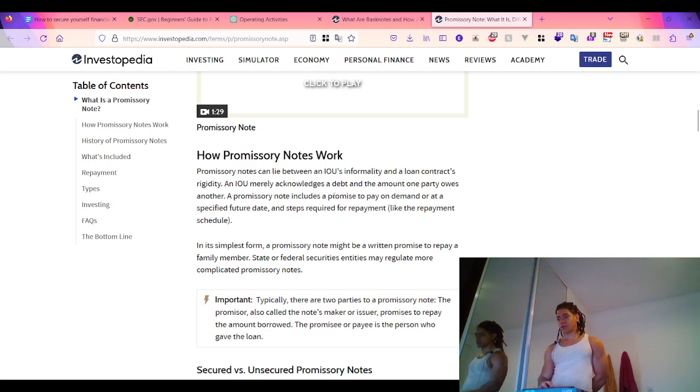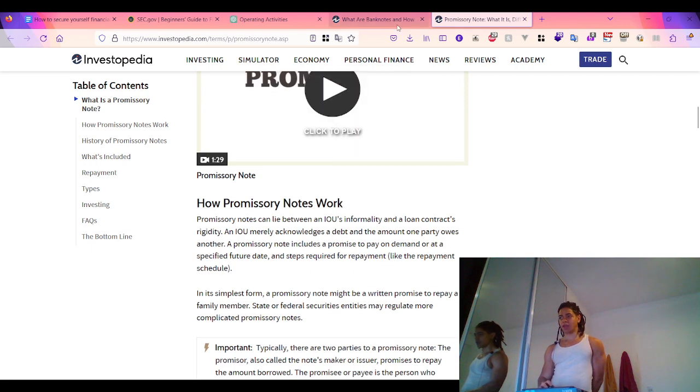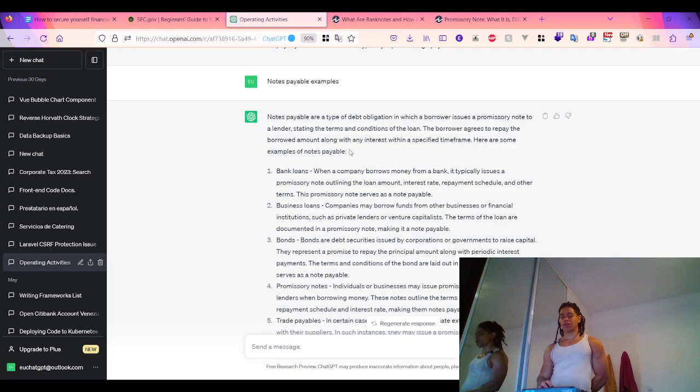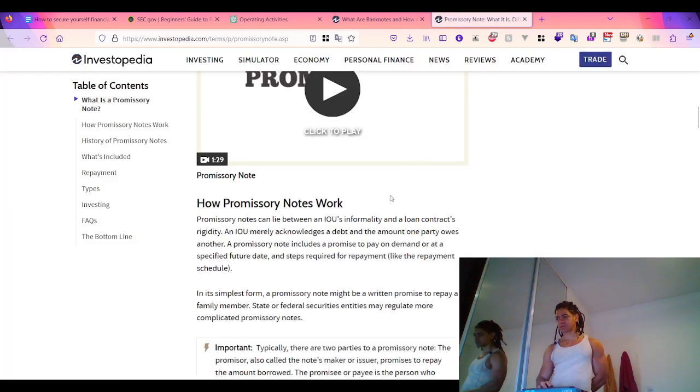A promissory note includes a promise to pay on demand or at a specified future date, and the steps required for repayment, like the repayment schedule. Promissory notes, or pagaré in Spanish. So this represents something between the IOU's informality and a loan contract.